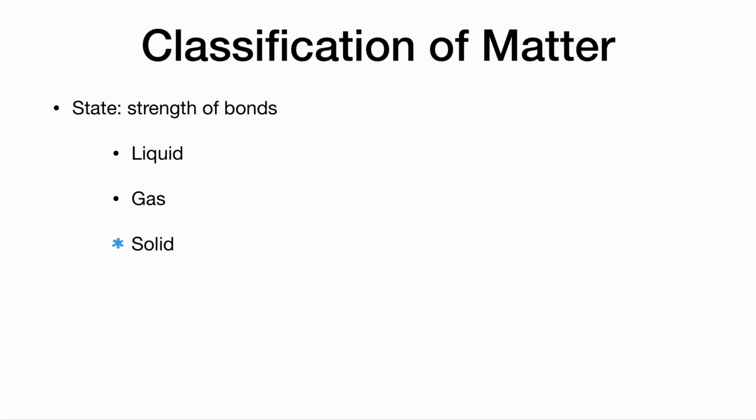So electrically, solid-state devices are semiconductors. In other words, they have insulator and conductor properties. But then as far as state or bonds are concerned, they are solid.